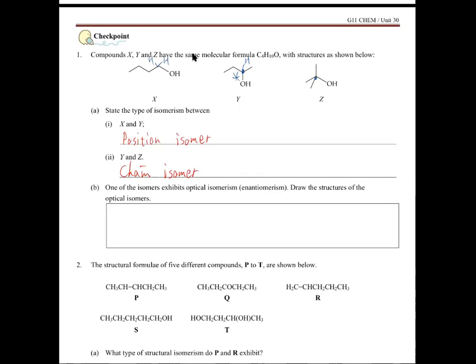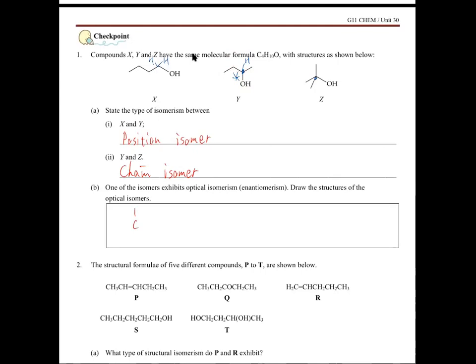And then in order to draw the enantiomer, we need to turn it into a 3D representation. So we need to show its tetrahedral structure. So let's do it. We put the carbon in the middle, that's the chiral carbon, and then put the 4 groups onto it.